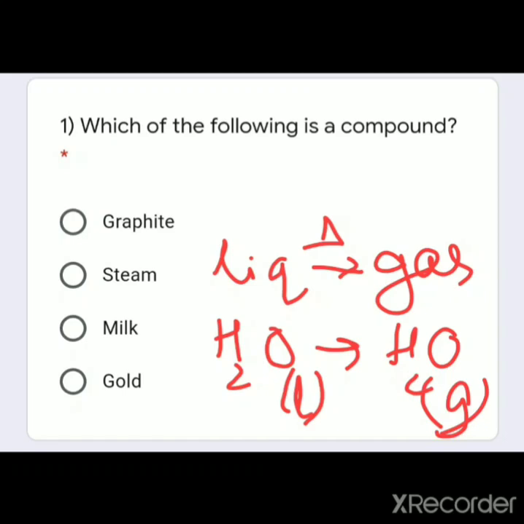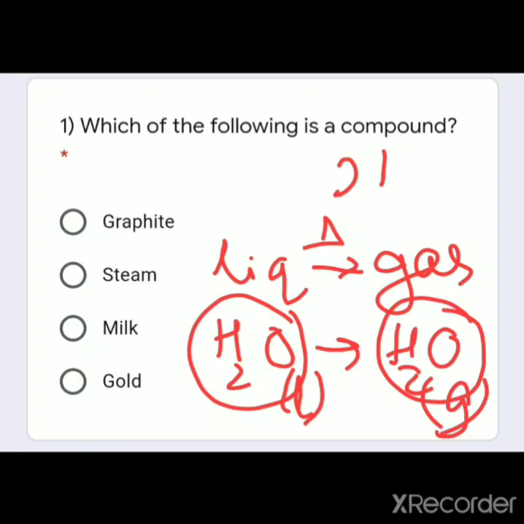During this process, we can see that the formula is still H2O. That means H2O is made up of 2 hydrogen and 1 oxygen atom. What does it show? It shows that it is a compound.